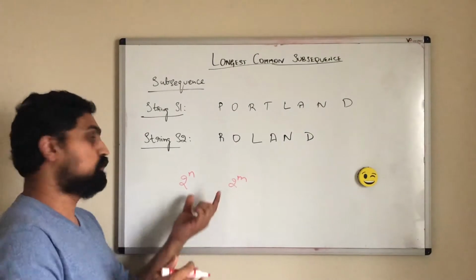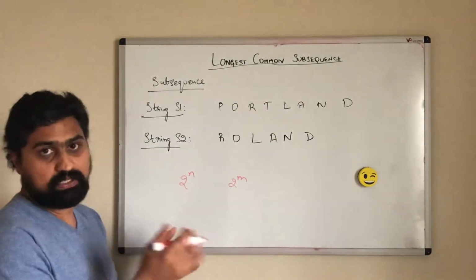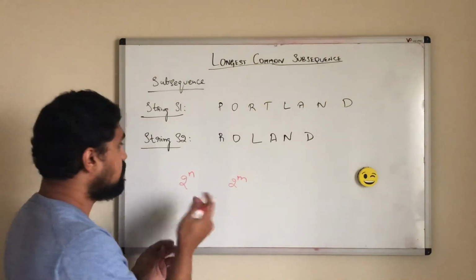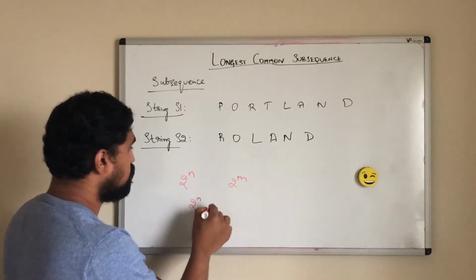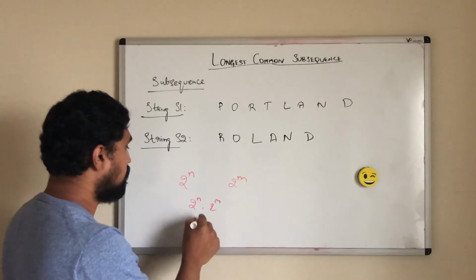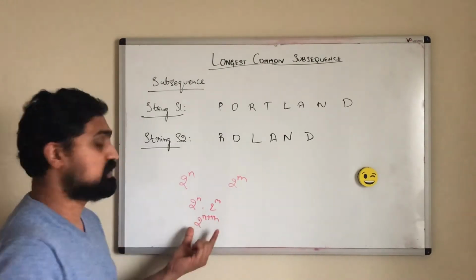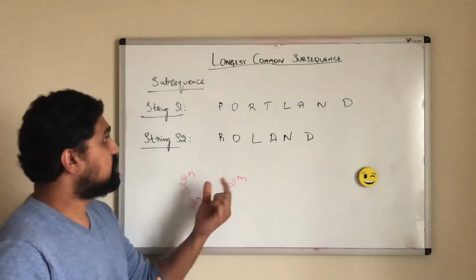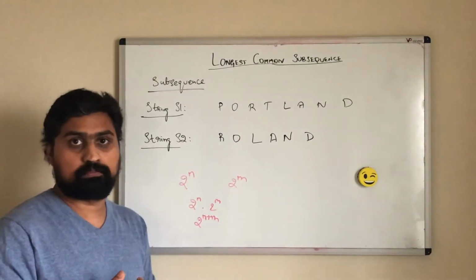Now not just that, we have to compare all of these subsequences with all the other subsequences to find the match. So the comparison will take 2 to the power of n into 2 to the power of m. So 2 to the power of n plus m. So this is the time complexity just to find the common subsequence by brute force approach.